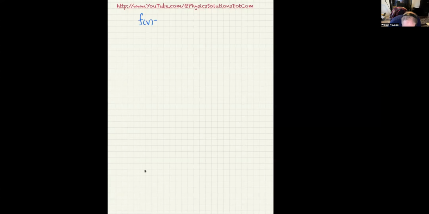This f of v was determined to be 4 pi times n, where n is the total number of molecules, multiplied by m over 2 pi kT, where m is the mass of each individual molecule, raised to the 3 halves power, times v squared e to the negative mv squared over 2kT.